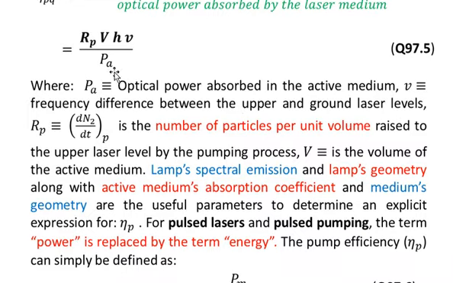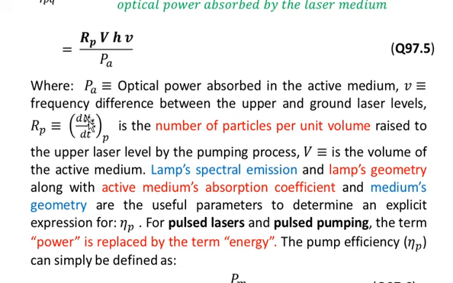Where PA, the denominator of equation number 5, is the optical power absorbed in the active medium. Nu is the frequency difference between the upper and the ground laser levels. Rp is the pump rate, defined as dN2 over dt, with the subscript P standing for pump rate.